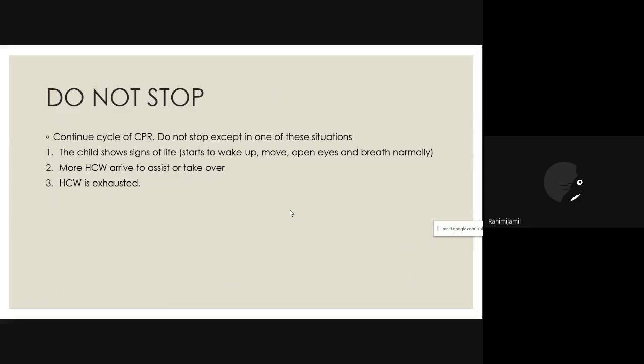Or if another healthcare provider arrives to assist or take over. And next, if the healthcare provider is exhausted, because continuing compressions while exhausted may cause harm to the infant, as the compressions may become incorrect and cause damage to the organs in the chest.